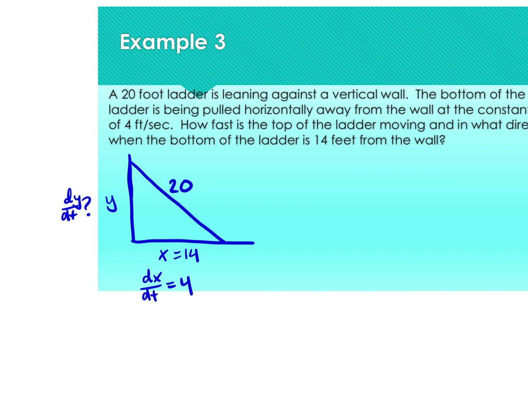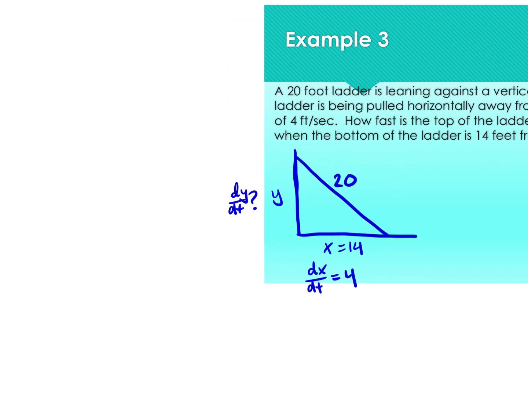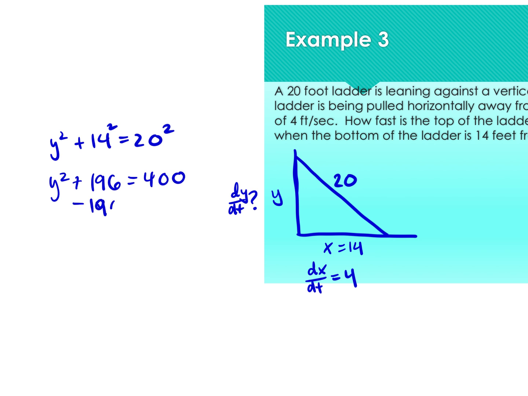Pythagorean theorem. So when x is 14, when our ladder is 14 feet from the base of the wall, we want to figure out how high it is on the wall. So y squared plus 14 squared is equal to 20 squared. So y squared plus 196 is equal to 400. Subtract both sides by 196.